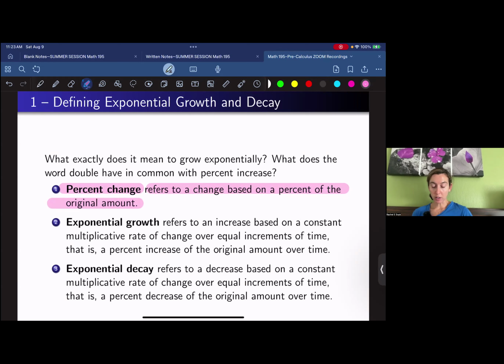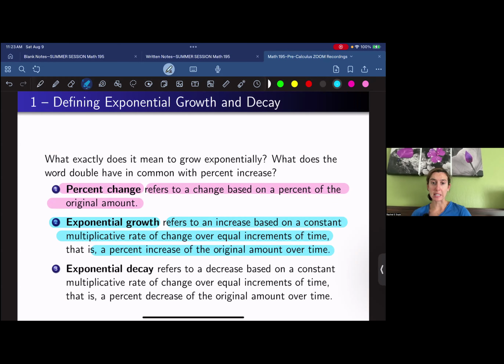Very self-explanatory. Our next one is exponential growth, which refers to an increase based on a constant multiplicative rate of change over equal increments of time. So that's a percent increase of the original amount over time.